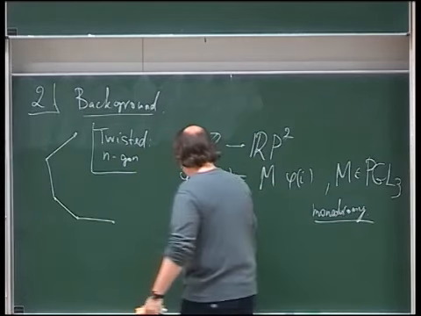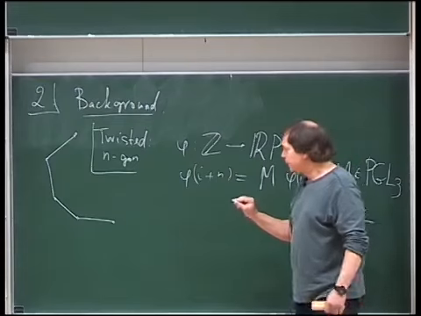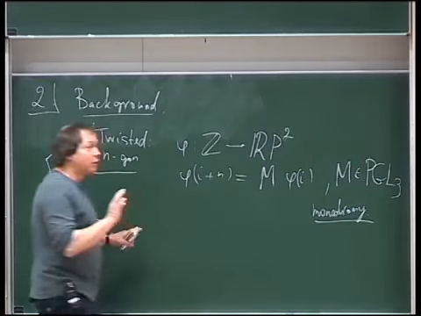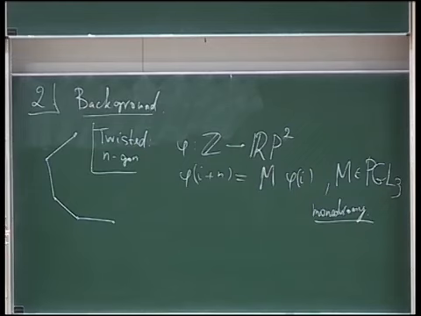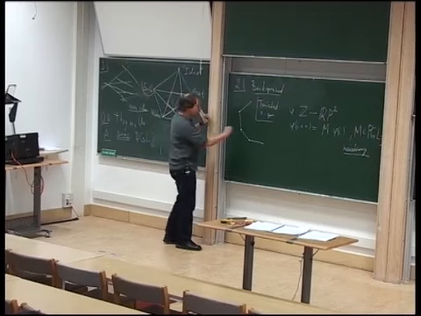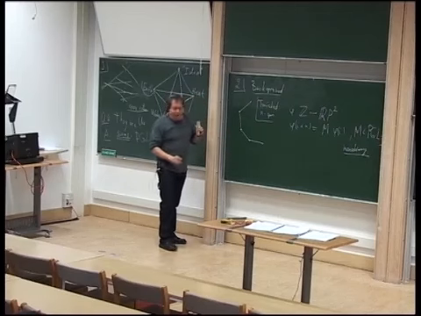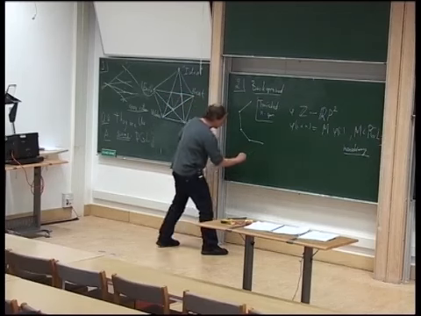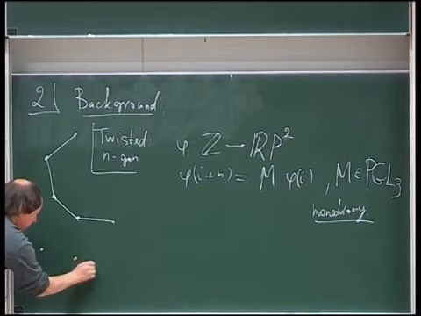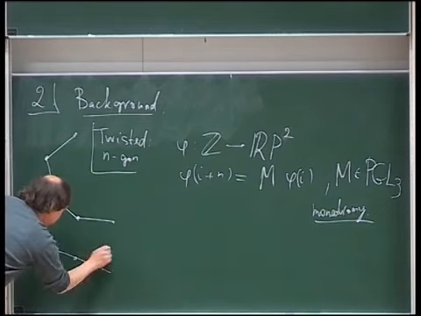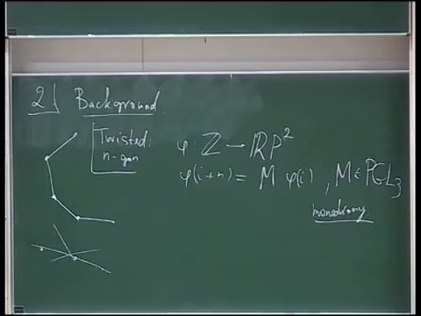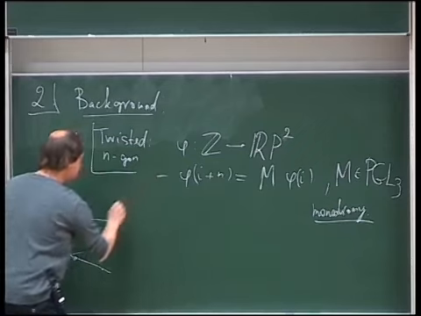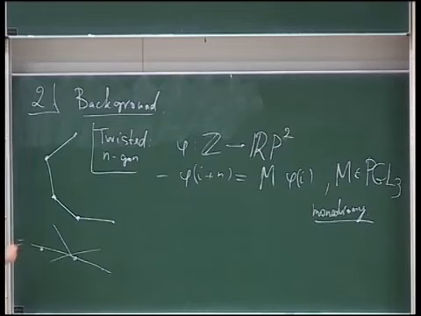And the second condition is some non-degeneracy condition. I don't want 3 consecutive points to belong to the same straight line. So forbidden is something like that. Okay, so this is the first condition, and this is the second condition.